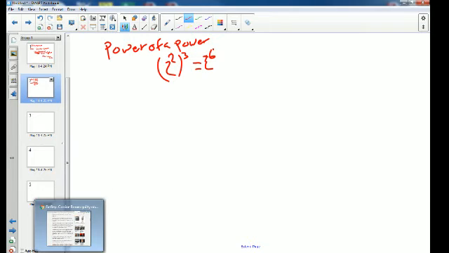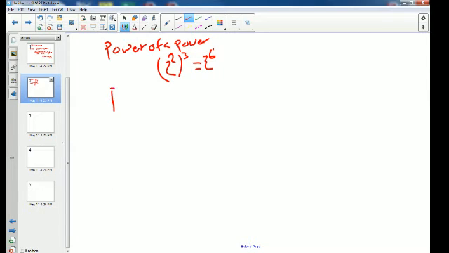Next is power of a quotient. Quotient is just a fancy word for division.